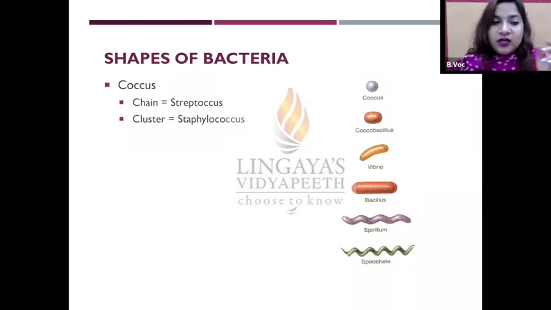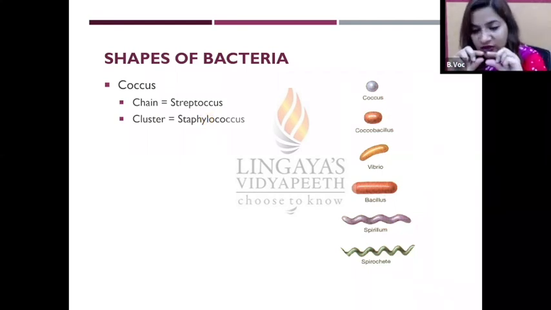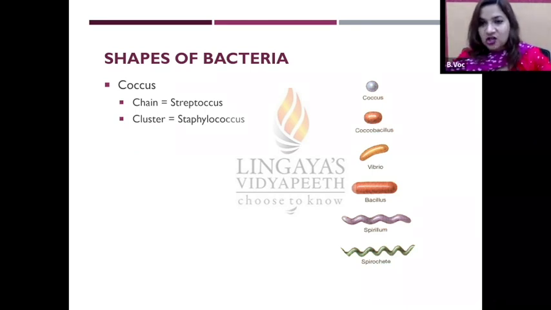In cocci, there is a chain-shaped bacteria, an example of which is streptococcus. The streptococcus bacteria are round-shaped bacteria arranged in the form of chains, a bead-like structure, like in a necklace. So the bead-like structure in chain form is the streptococcus.